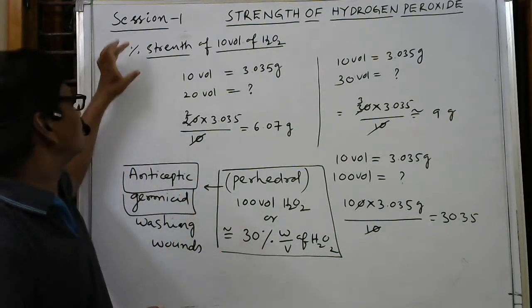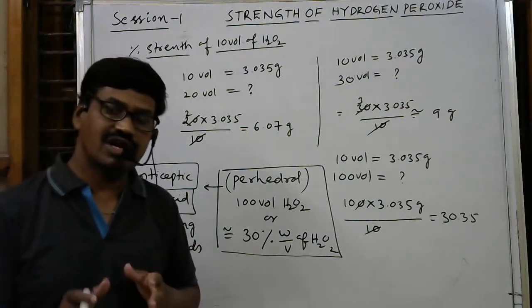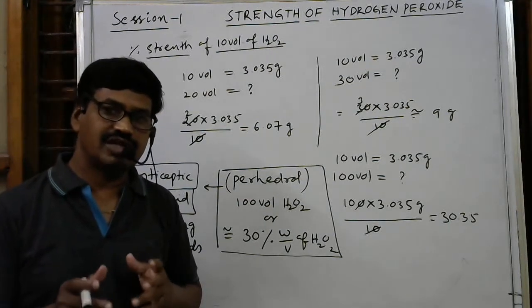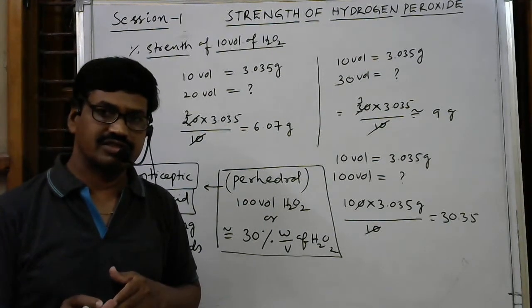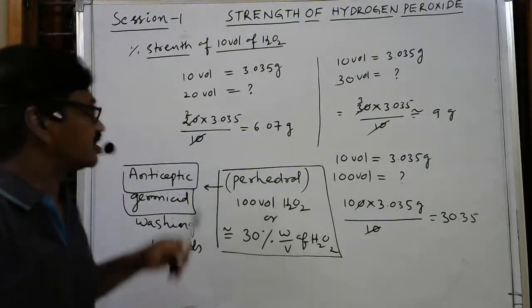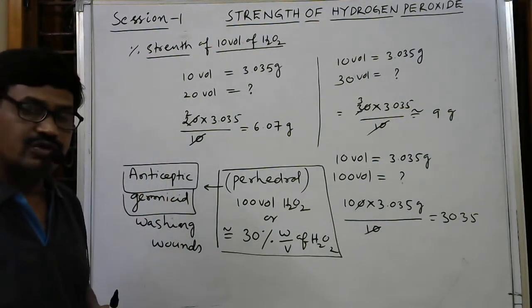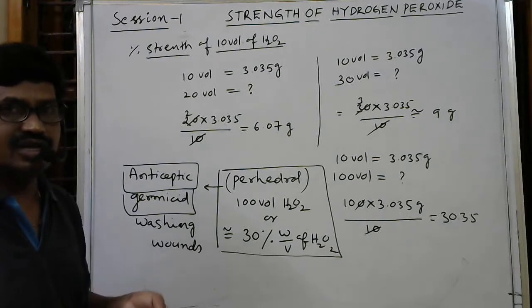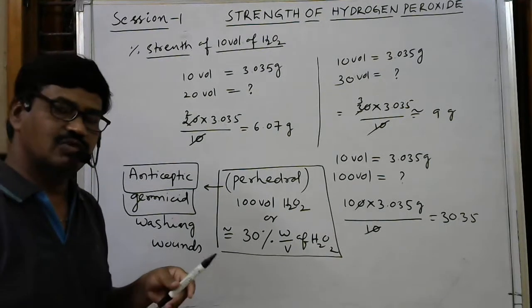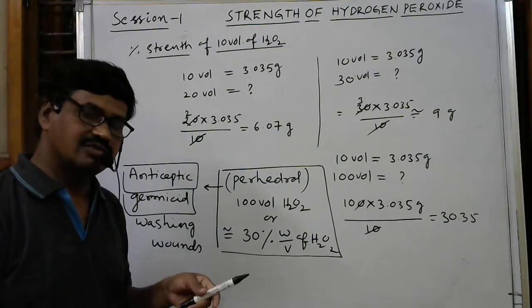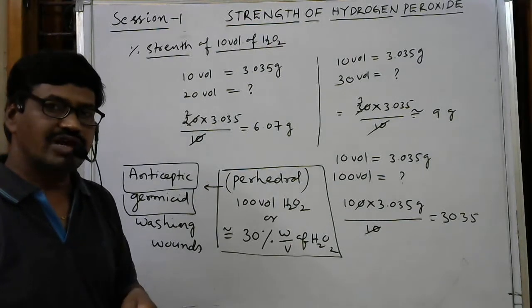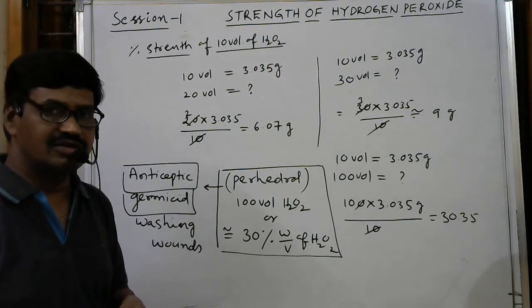So in this way we can find percentage strength. But we should know first about the 10 volume strength. What is the meaning of 10 volume strength of hydrogen peroxide? Then for the same 10 volume strength, we have to find molarity, then normality. Then we can convert that molarity with respect to 10 volumes into 20 volumes, 30 volumes or 100 volumes.